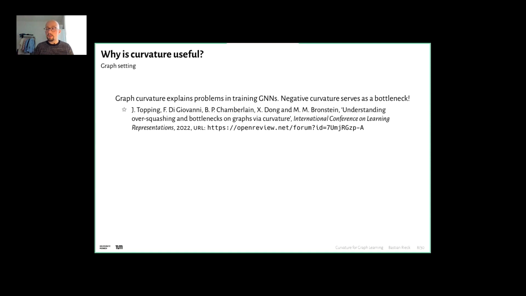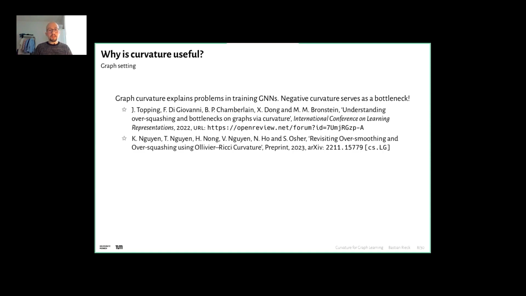Namely, there are certain phenomena that are very much undesired, namely over-squashing and bottlenecks. These are essentially information bottlenecks that make it harder to train your machine learning model on the graph. And it turns out that they can relate the existence of those bottlenecks to negative curvature, or I should say negative Forman-Ricci curvature, or even more specifically, a variant thereof.